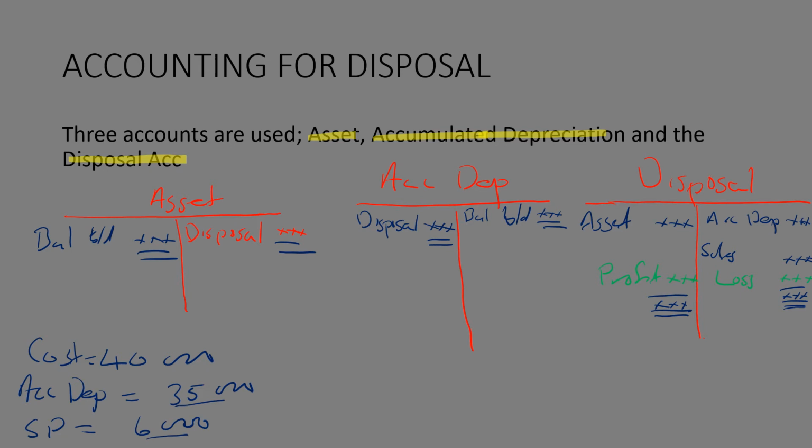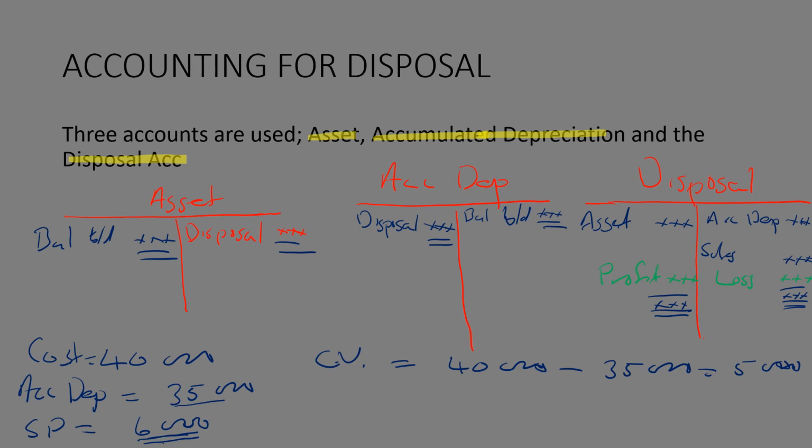Or in simple terms, we're saying the carrying value of this asset will be equal to 40,000 minus 35, which is equal to 5,000. Right, but the asset was sold for what? For 6,000.